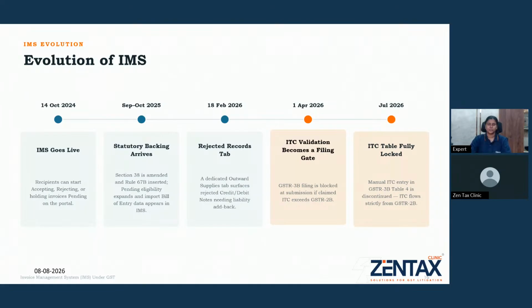Section 38 was amended and Rule 67B was inserted. Also, during that period, the import bill of entry IGST data started appearing in the IMS dashboard, and the pending list eligibility also expanded.